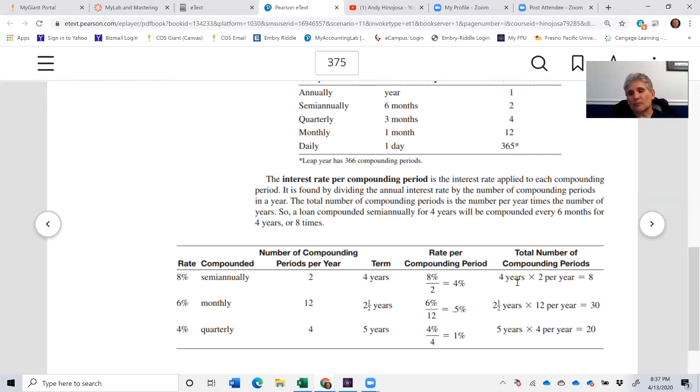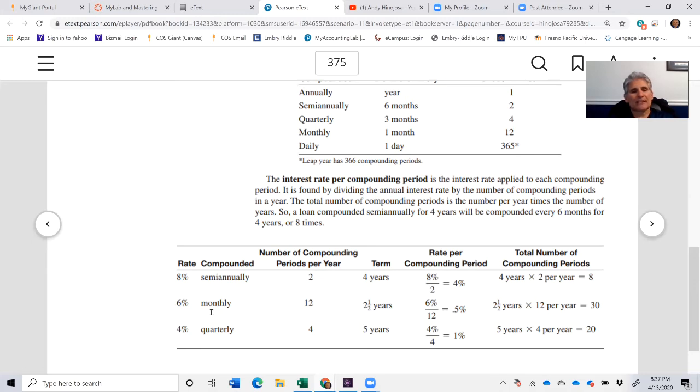So we're going to multiply 4 years times 2. So now the number of compounding periods for this investment is really 8. So even though the interest rate is 8%, because it's semi-annually, we're going to use 4% per period. And even though this loan or investment is for 4 years, because it's semi-annually, we're going to use 8 as the number of compounding periods.